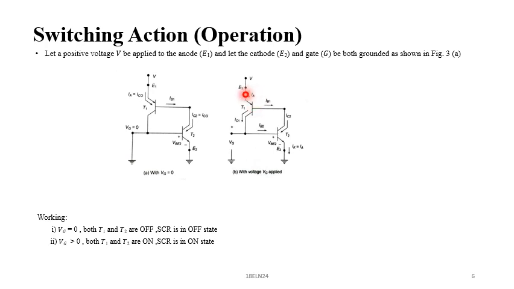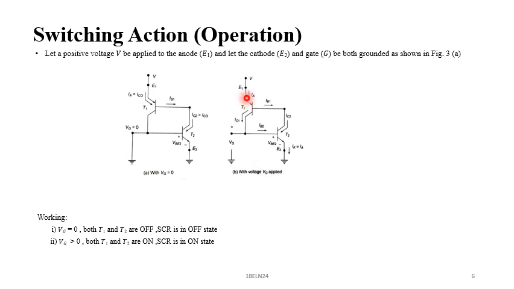So transistor T1 also becomes on. So when Vg is greater than 0, the voltage VBE2 turns on transistor T2, resulting in the current IB2 and a collector current, and this collector current will drive transistor T1. So transistor T1 is also on.